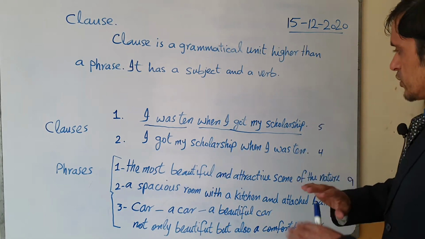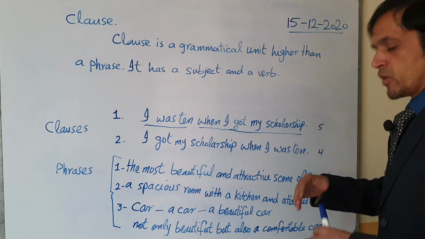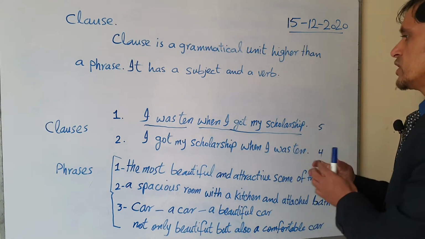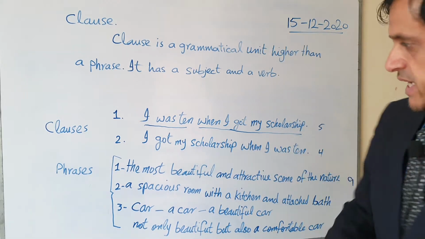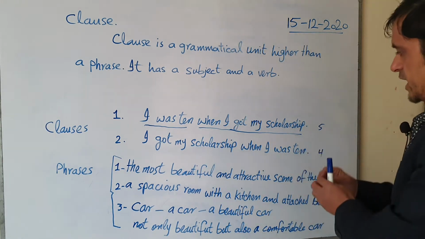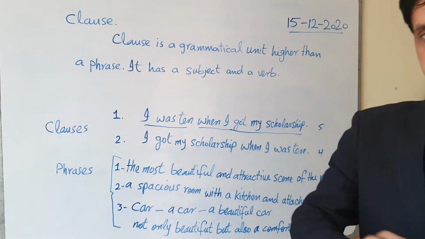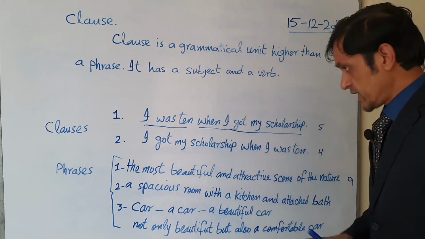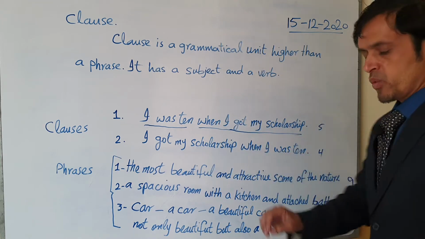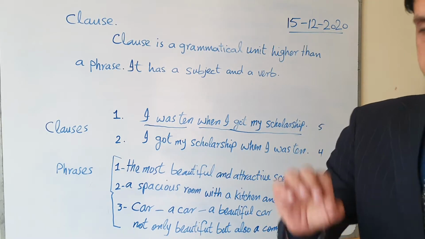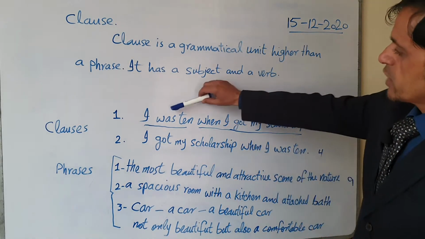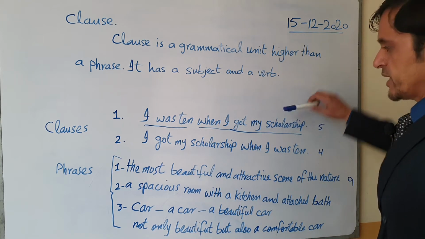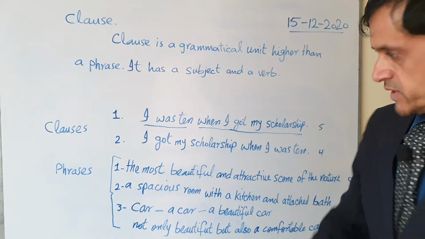But here I do not discuss what a complex sentence is, because we want to restrict ourselves to our own topic, the definition of a clause and the difference between a clause and a phrase. I will discuss that in my next class, but here we will focus on clause. So, I was 10 when I got my scholarship. It has two clauses.